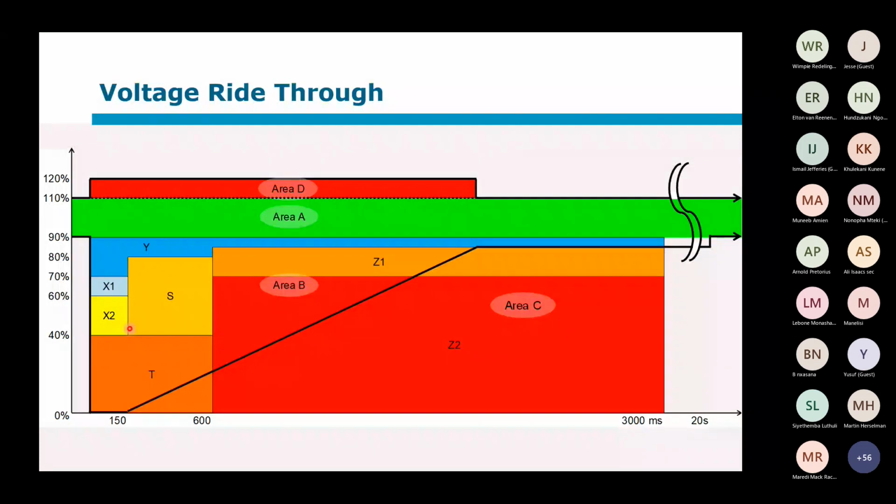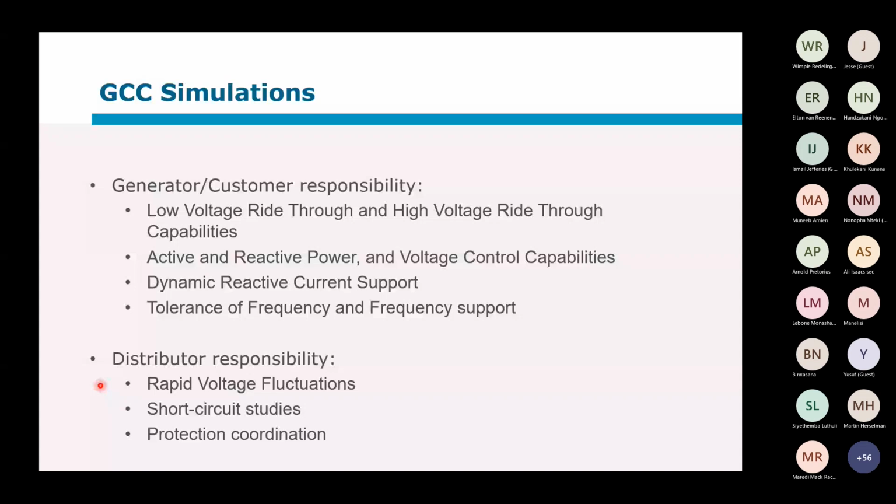The distributor's responsibility is that the rapid voltage fluctuations are not going to be excessive. This forms part of the simulations done for the grid impact study. So what is the impact of this generator on your network?